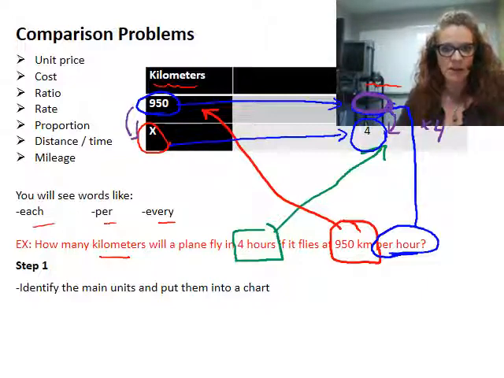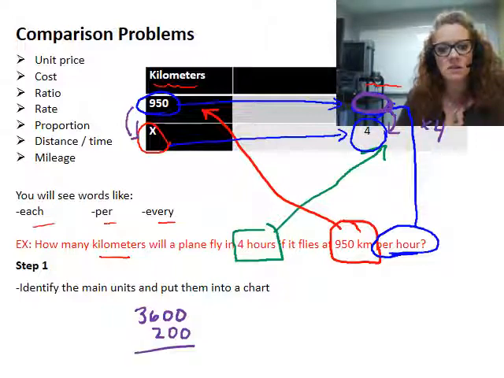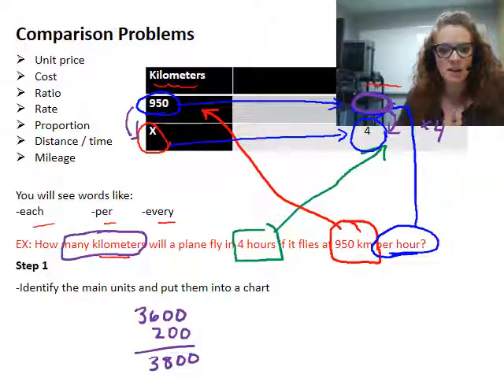So I would take my 950 and multiply it by 4. I'm going to do that in my head. It's going to be awesome. 900 times 4 is 3600, and 50 times 4 is 200, giving me a total of 3800. There you go. And it was asking how many kilometers, so 3,800 kilometers.